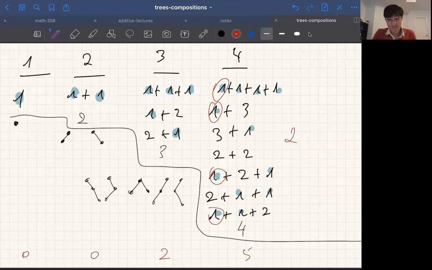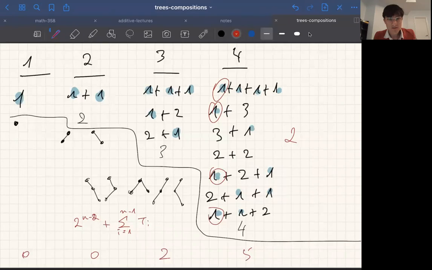If we could find an explicit bijection here, or even find out why the recurrence is a link between the recurrence for the compositions and the trees, then we might be in good shape. So the recurrence, remember, was 2 to the n minus 2 plus sum i equals 1 to n minus 1 T_i.